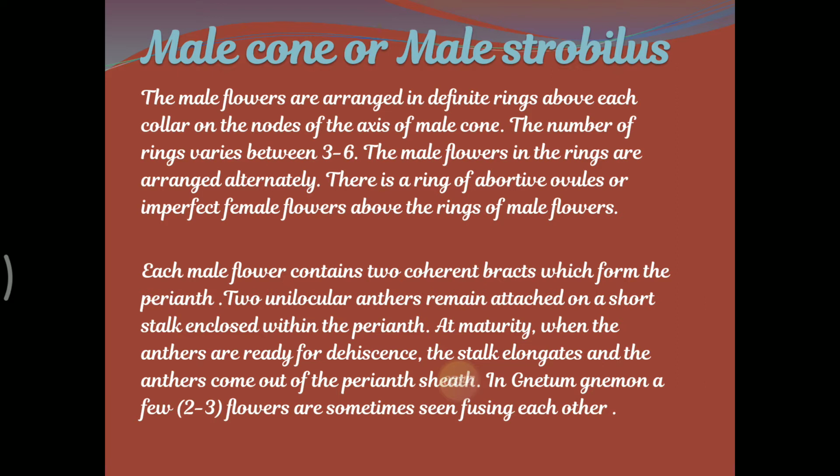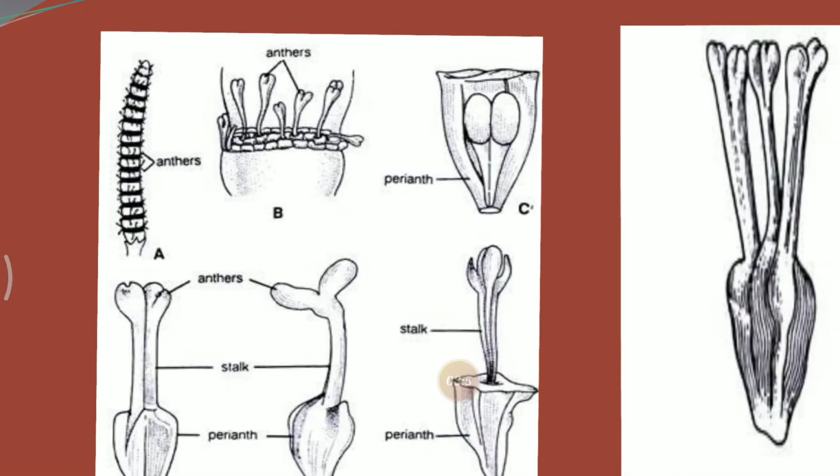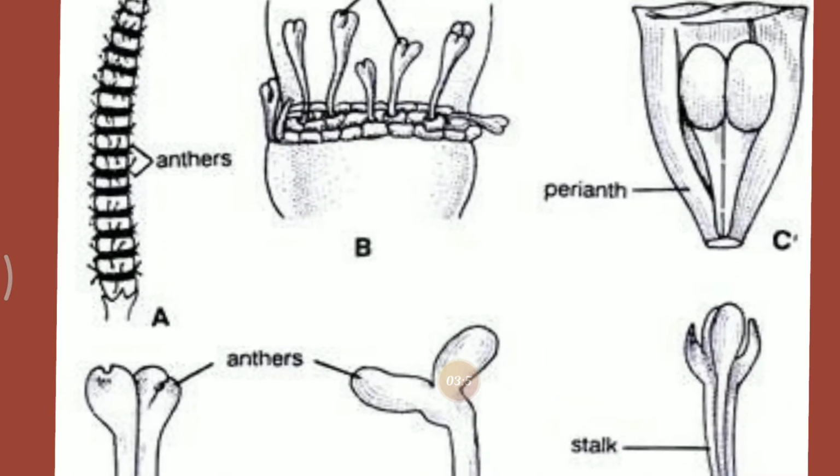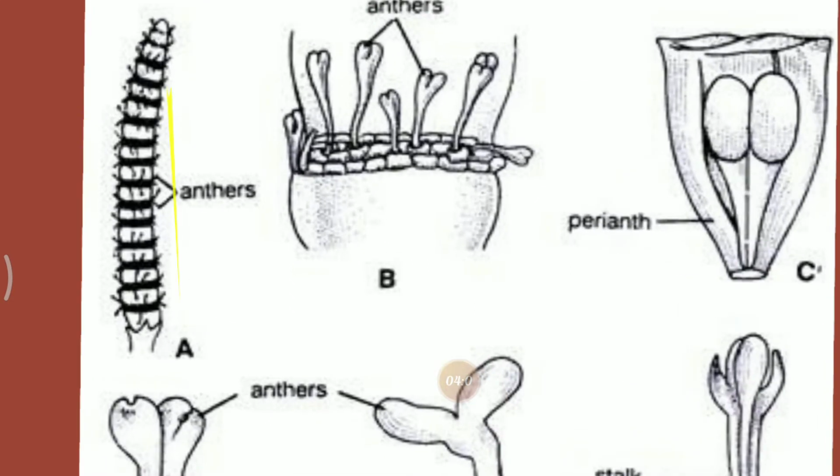Here we can see the male cone, or male strobilus. In the picture it is very clear. It is arranged like a stack of coins and looks like a spike inflorescence. This is clear in diagram A. The male strobilus or cone is 5 centimeters long and has a short stout axis with several nodes.